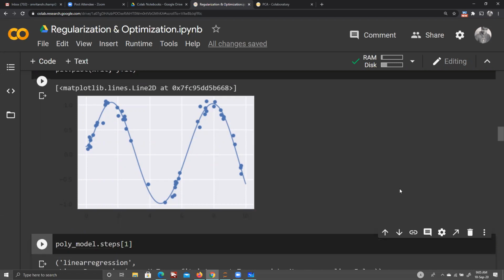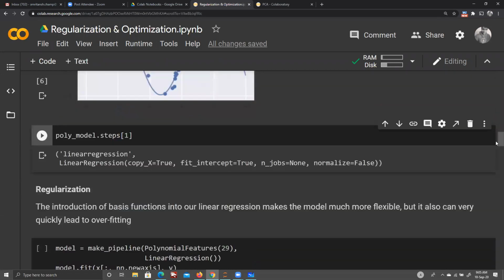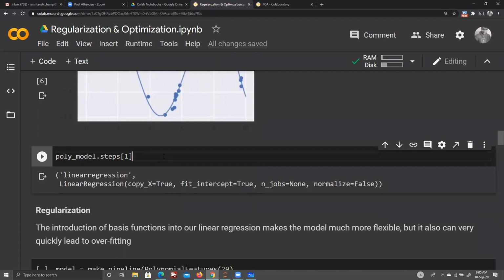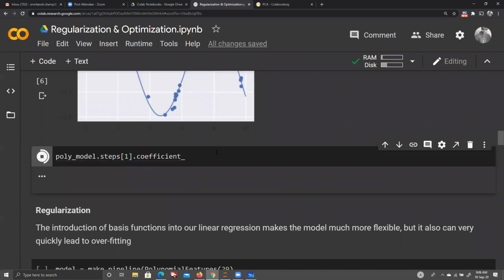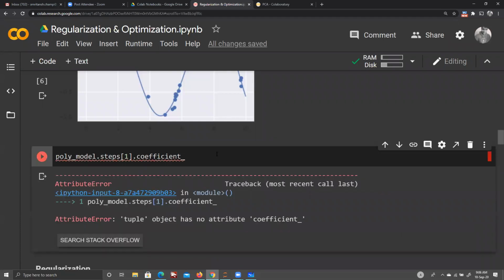Once you have run the training, you will find this is a linear regression itself. Maybe I can also do something like this, linear steps. One question? Yes, please. Let me see if I can get the coefficients here. Okay, a tuple has nothing called coefficient. No problem. Yeah, please go ahead.